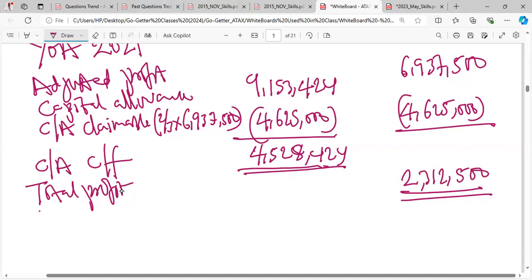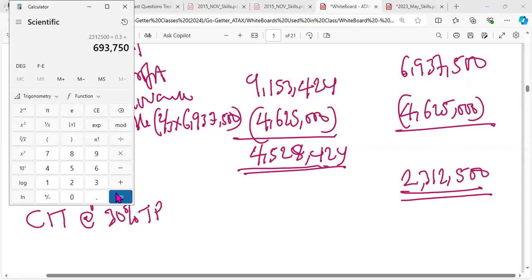So you will now have your CIT at 30% of total profits. So you look for 30% of this. That will give me 693,750.